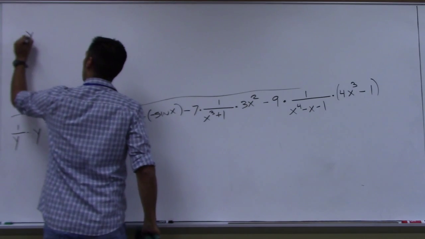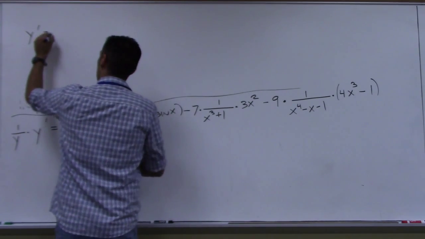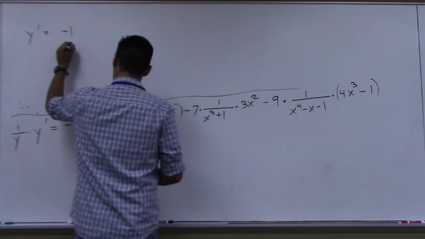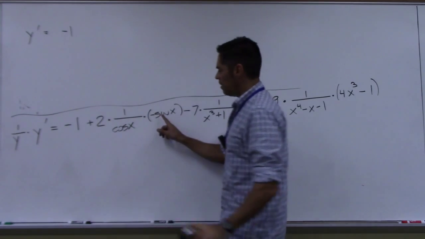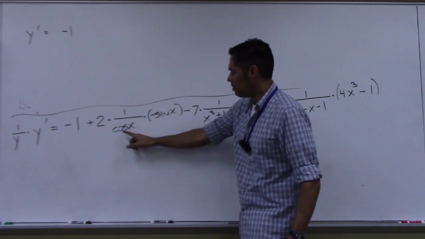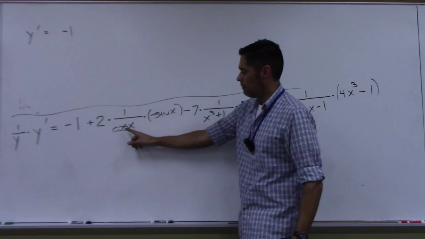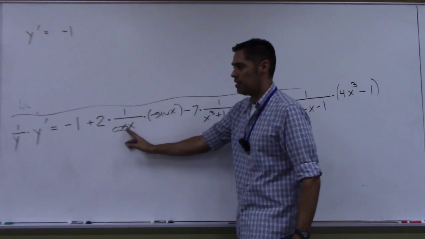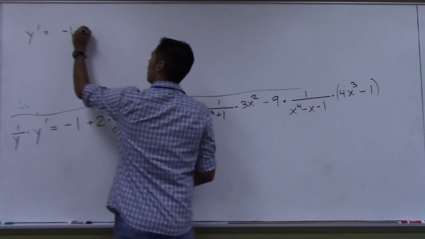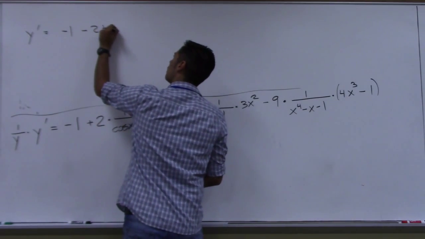I've got y prime equals this answer, -1. What is this? What's sine x over cosine x? Negative tangent. So this will be negative tangent, and then negative. So we can just do this: -2 tan x. Can we do that?